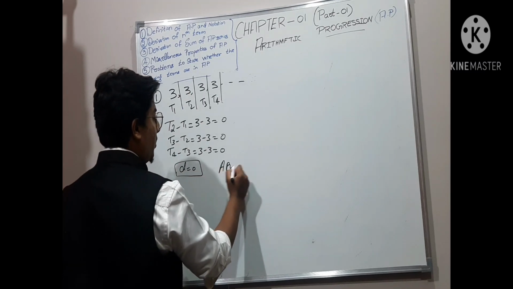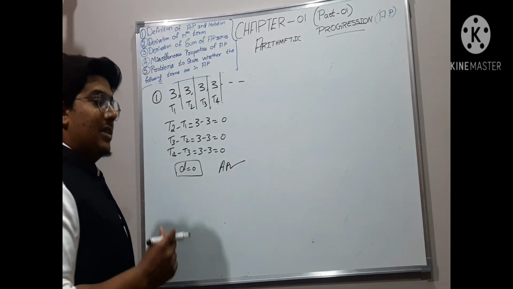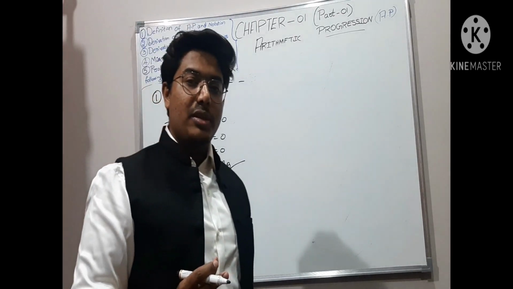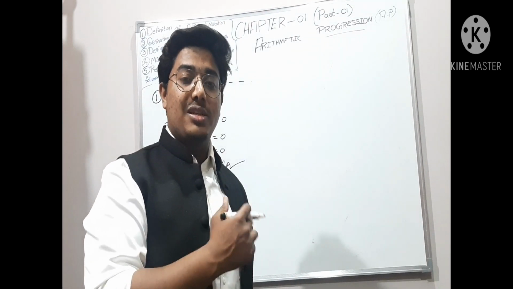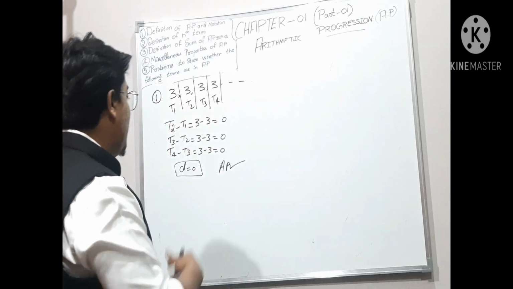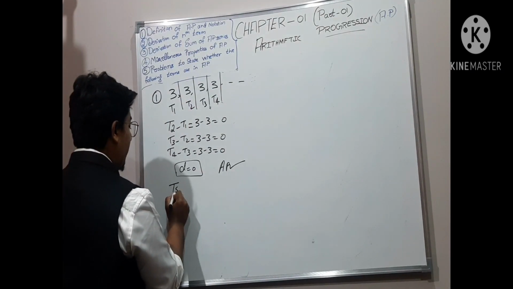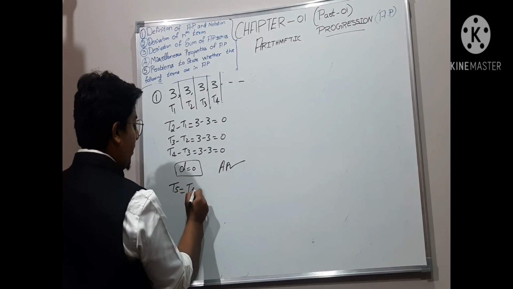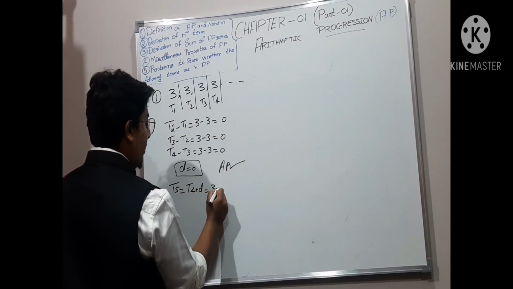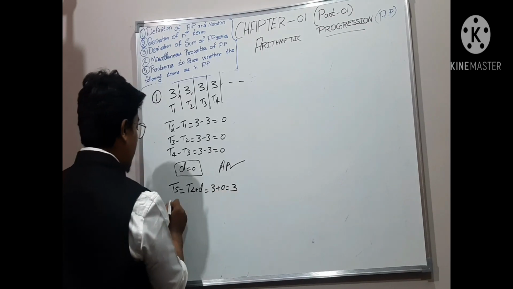Therefore, it is in arithmetic progression. The common difference between the consecutive terms of an arithmetic series remains the same. Therefore, the series is in arithmetic progression. The next term T5 is equal to T4 plus D, 3 plus 0 is equal to 3.